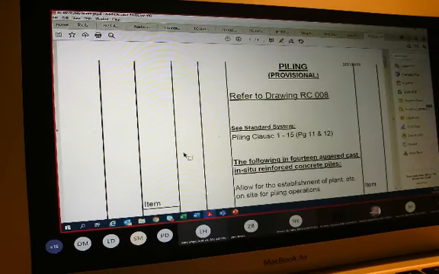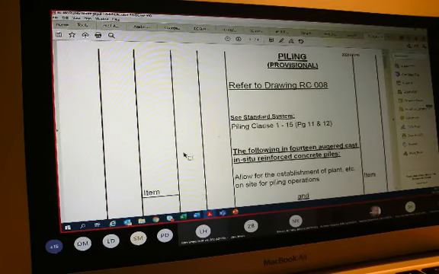Now. Take it you can see my screen now. Yes, we can. Okay, right.